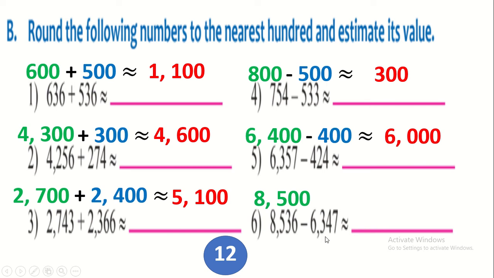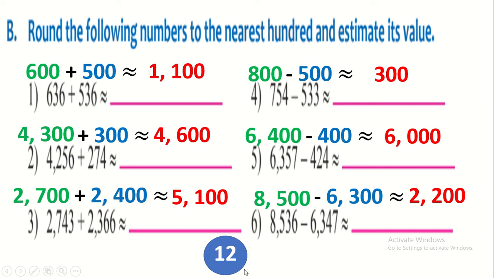And for 6,347, the nearest hundred is 6,300. And then subtract: 8,500 minus 6,300. Its value is 2,200. Okay, students, please check your answer for number 1, 2, 3, 4, 5, and 6.